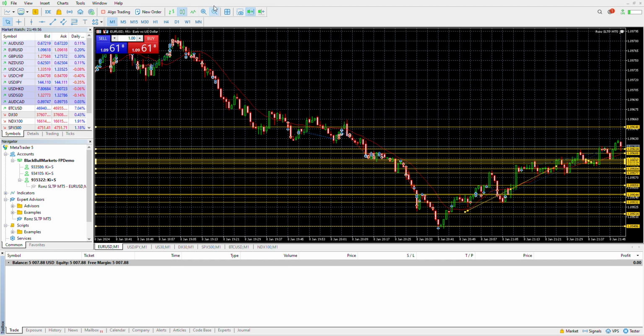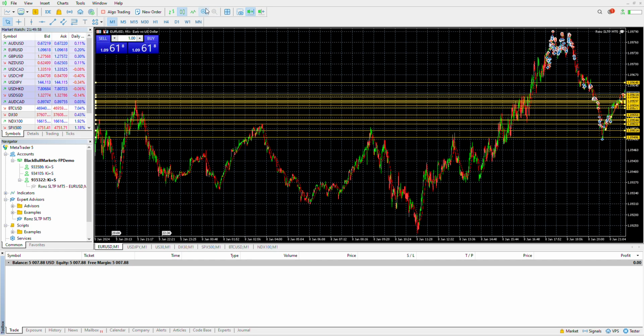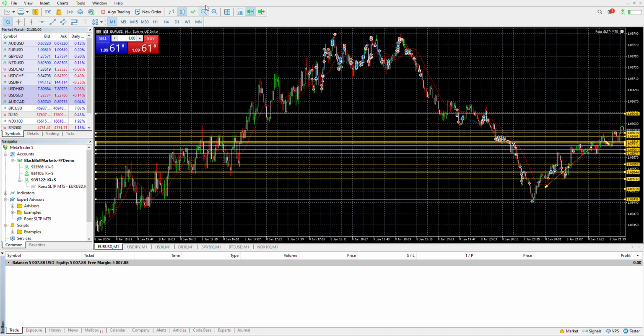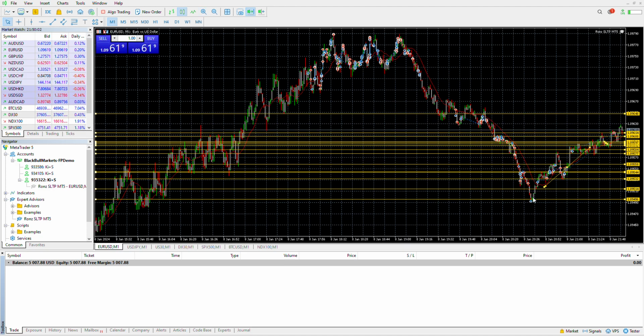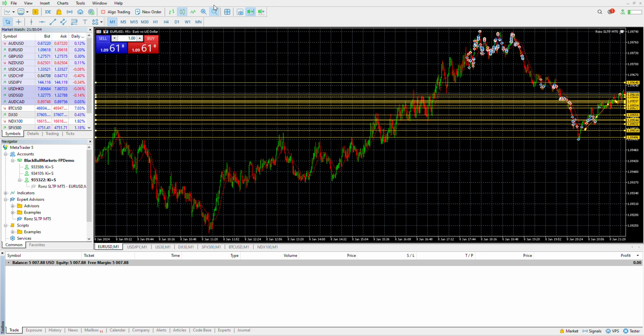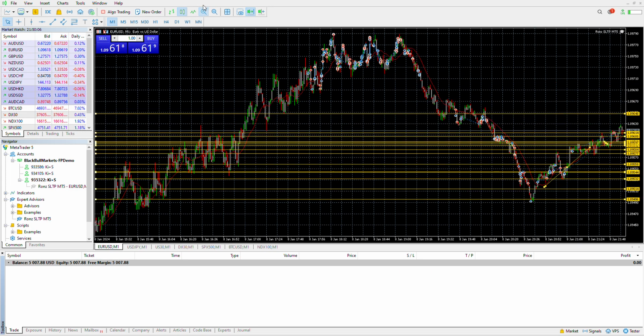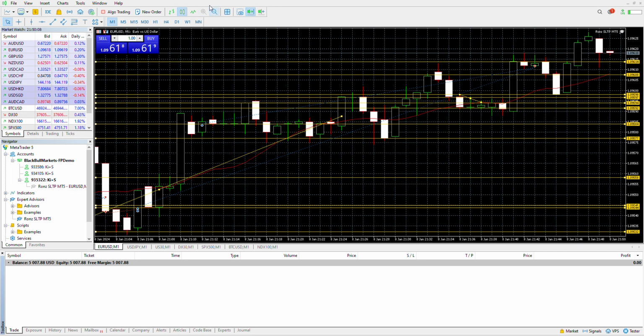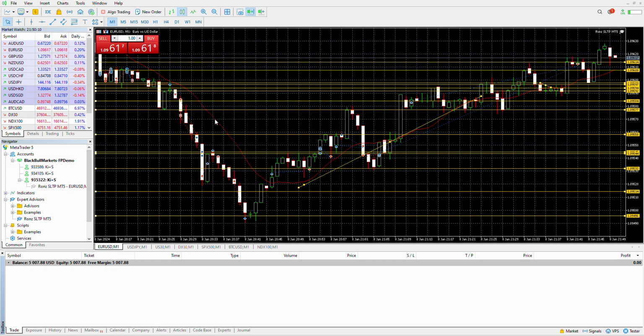For the whole day, it's been declining, essentially. Declining all the way down. Then towards the end of the day, it created an inflection point whereupon a change of trend occurred at this point.